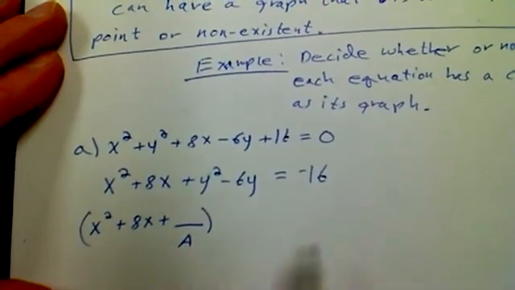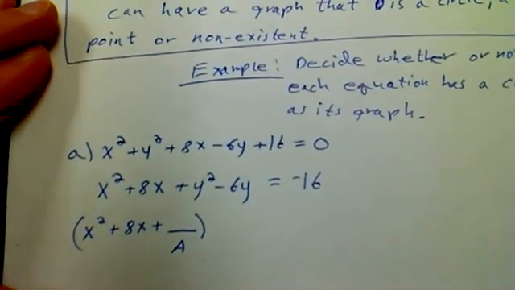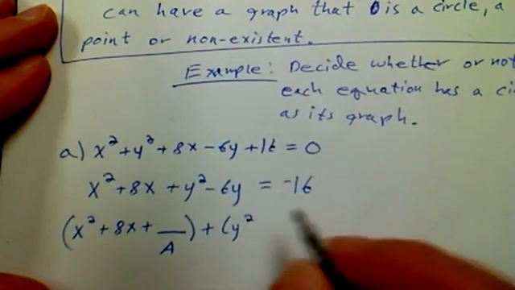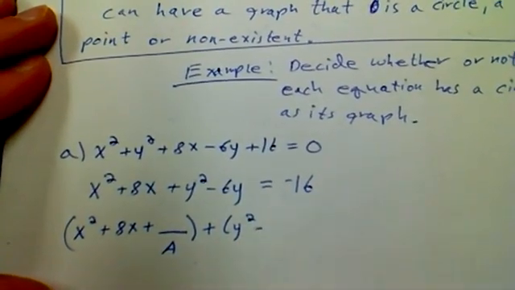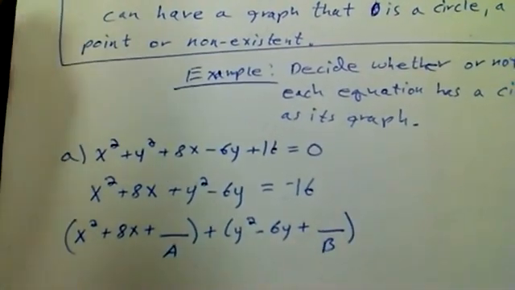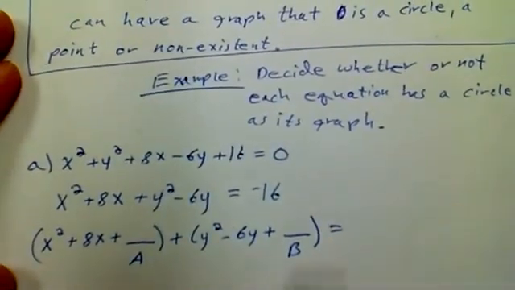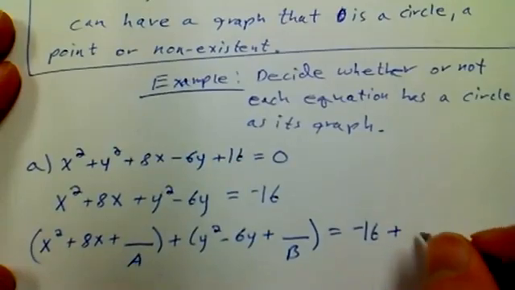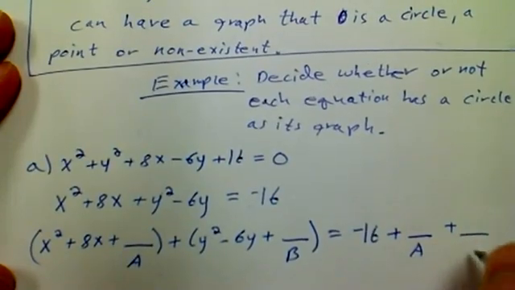Once for the x's, and I'm going to put a blank a under the x, and once for the y's. So minus 6y plus blank, I'll call that blank b. And I can add a and b to this side as long as I do it to the other side. So this is negative 16 plus blank a plus blank b.